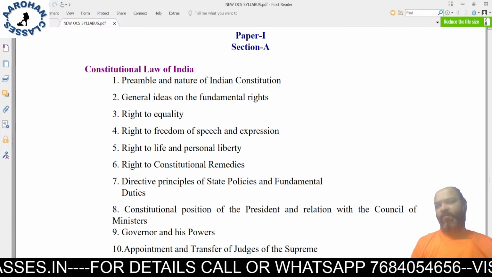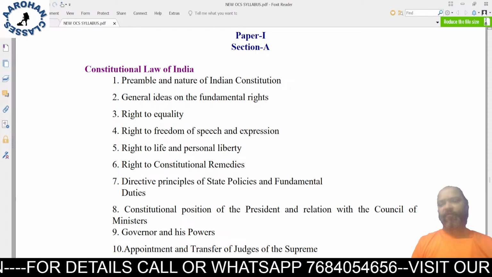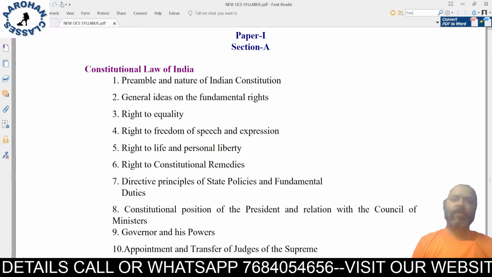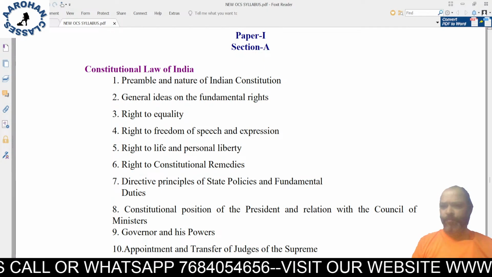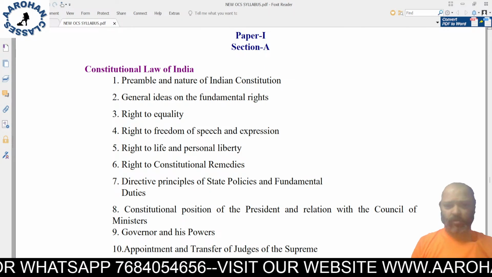One big advantage is that after you go through this in detail, your hold on polity and the Constitution will also grow.